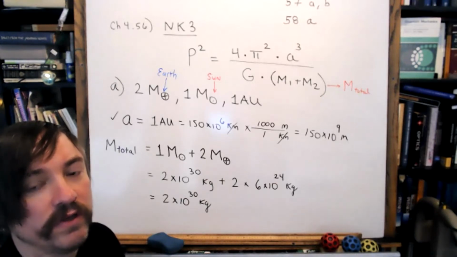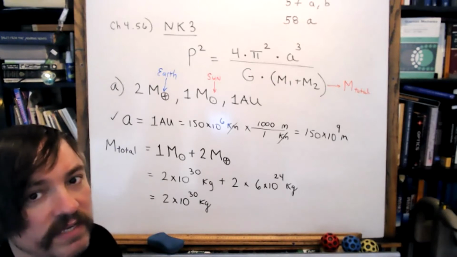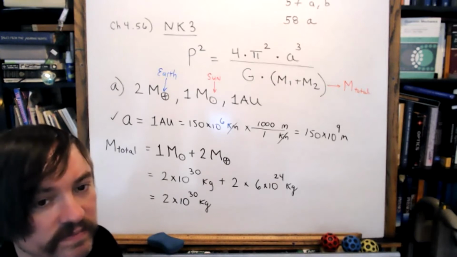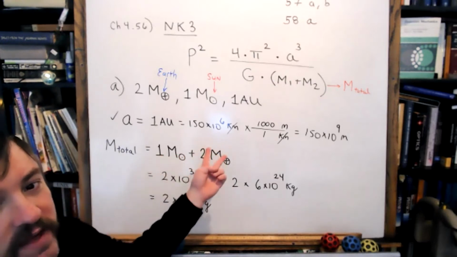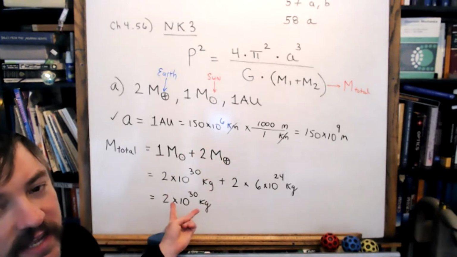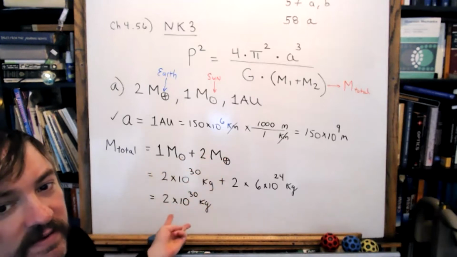No, you did something right. But that doesn't mean you understand it. We need to understand it. How can you add the mass of the sun plus twice the mass of Earth and just get the mass of the sun?